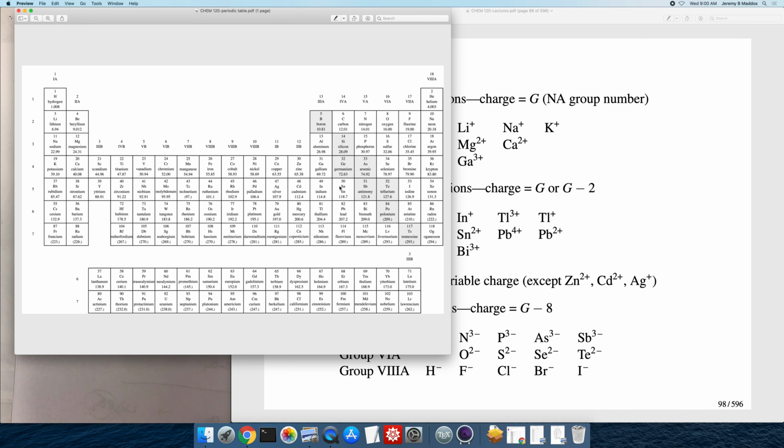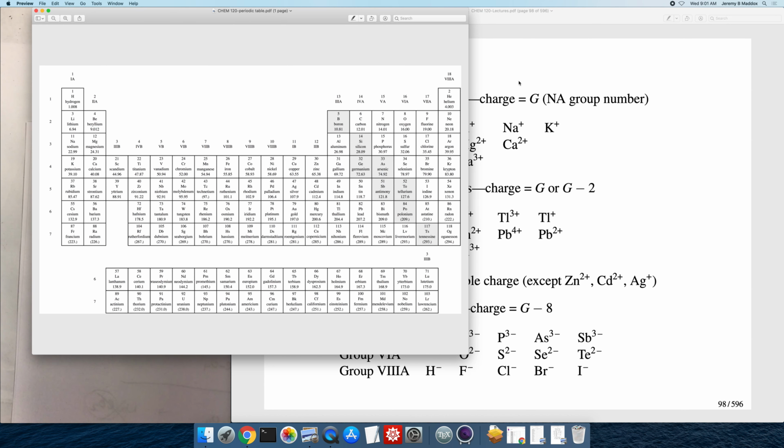For group 4, these heavier atoms at the bottom, tin and lead, it's a 4 plus cation and also a 4 minus 2, a +2 cation. And group 5, it's +5 and +3 for bismuth.